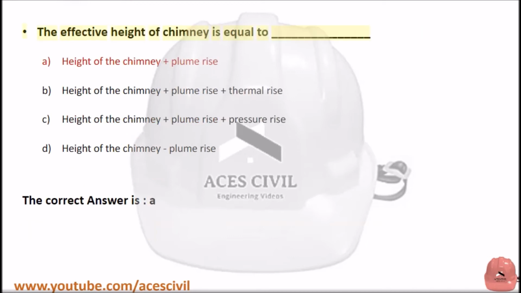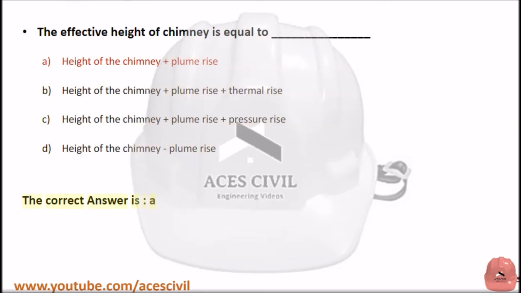The effective height of chimney is equal to A. Height of the chimney and plume rise. B. Height of the chimney and plume rise and thermal rise. C. Height of the chimney and plume rise and pressure rise. D. Height of the chimney plume rise.